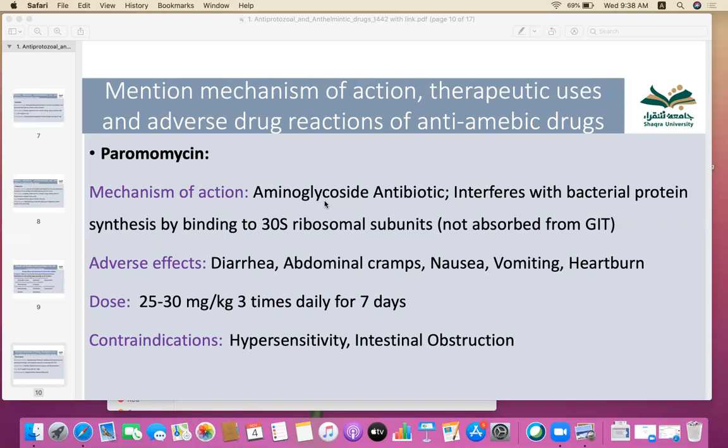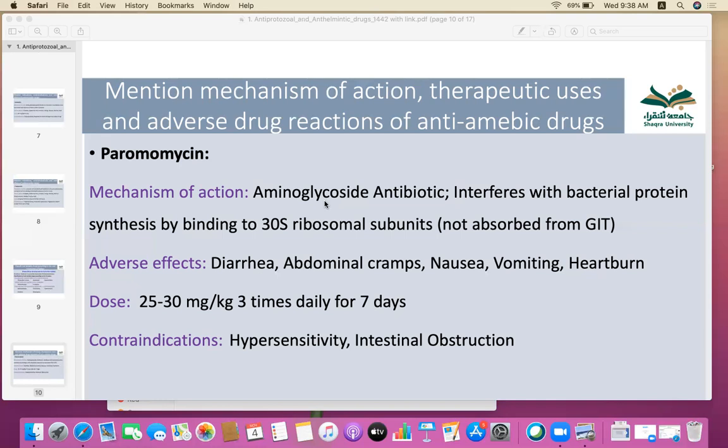The most important advantage of paromomycin is that it is not absorbed from the GIT, and that's why it is used in amoebic infection.